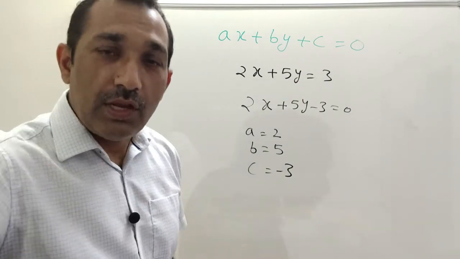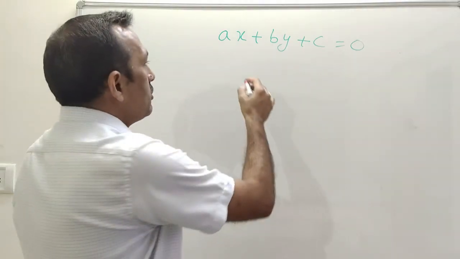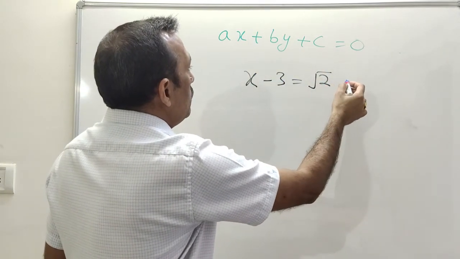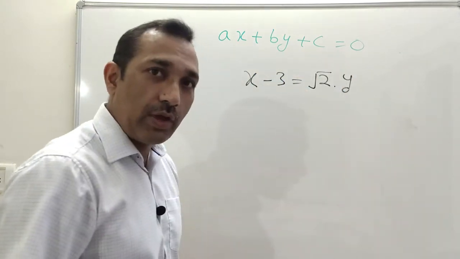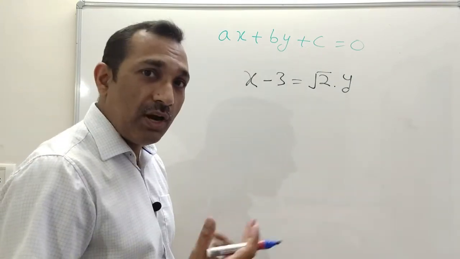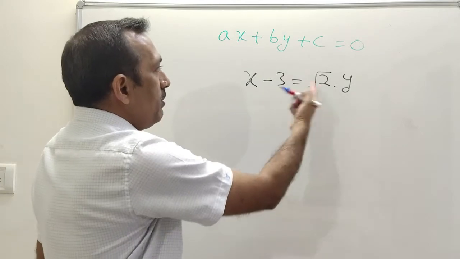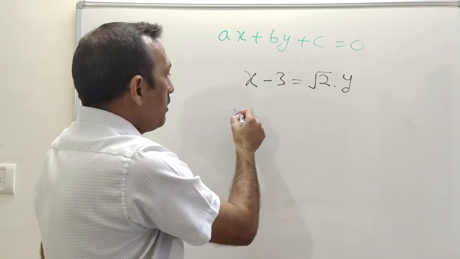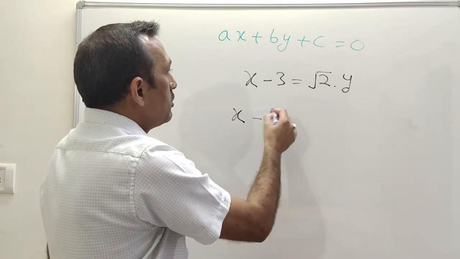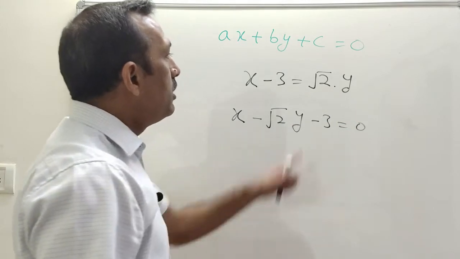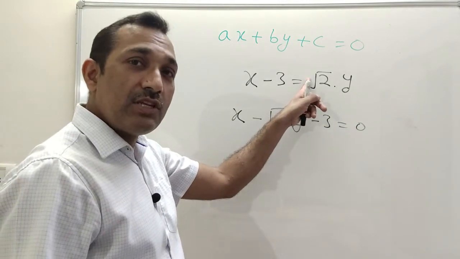Now let's look into another equation. x minus 3 equal to root 2y. Okay. Now we have to write this equation in standard form. How to write that? So I will bring this variable also to the left side. What will happen? x minus root 2y minus 3 equal to 0. There is no sign here, that means it is plus.